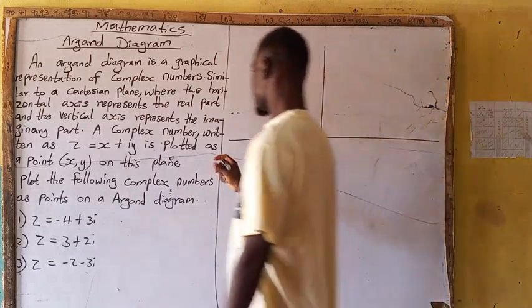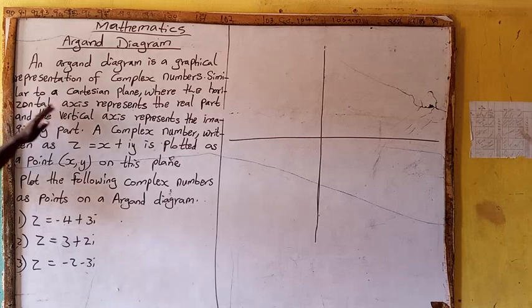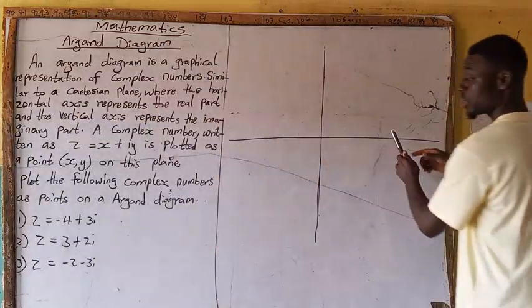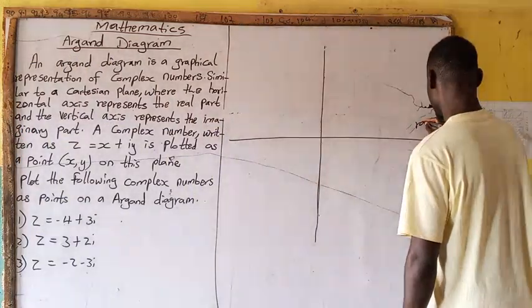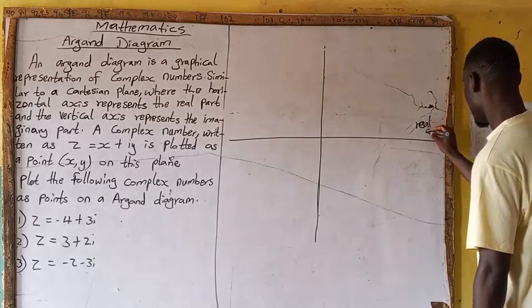Now, what they mean is that it represents our complex number. The horizontal line, which is your x-axis, represents your real axis.